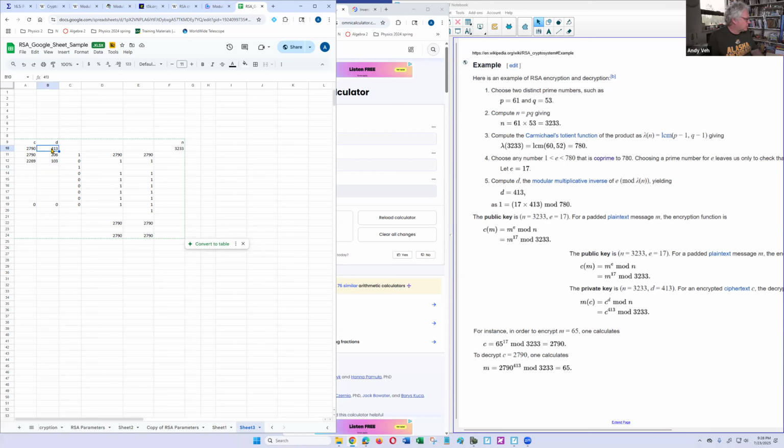There's the exponent 413. Here is what I divide by, 3,233, and then there are certain ways of manipulating this. So I'm just going to pull this one down and watch. I think the result is going to appear somewhere down here. When I pull it down further, it's not that hard behind it. And there it is, 65.